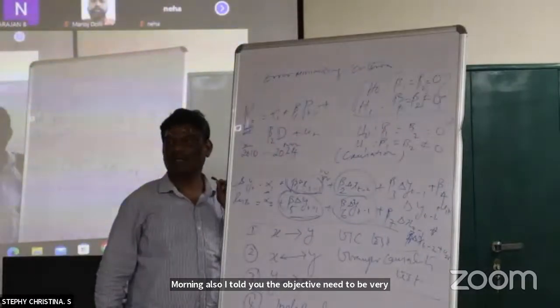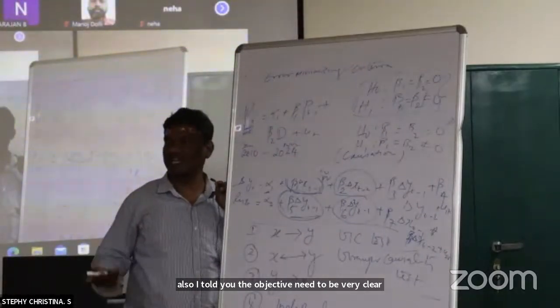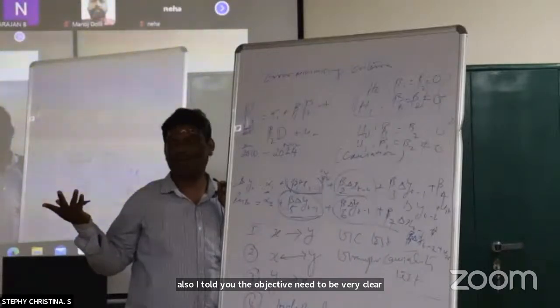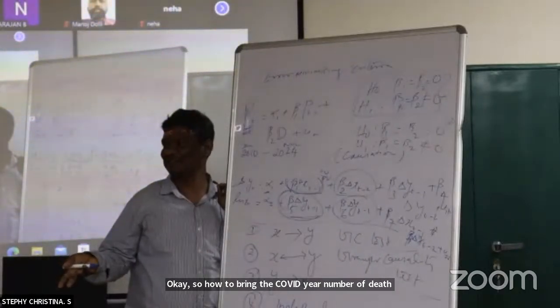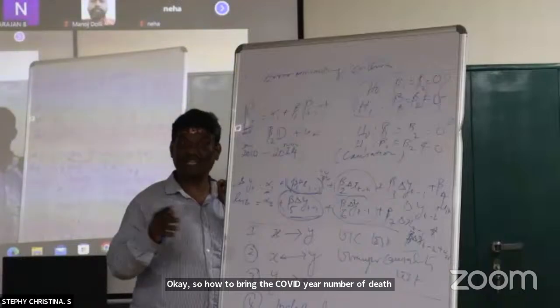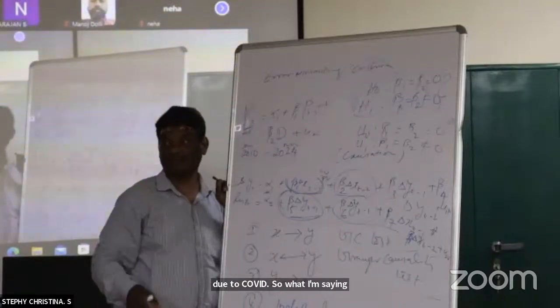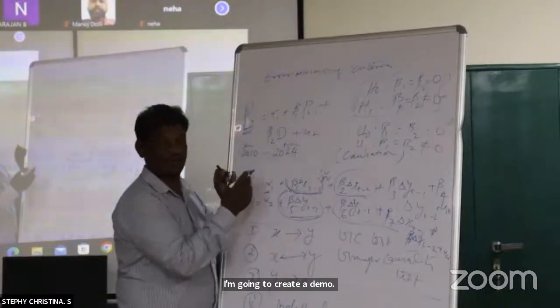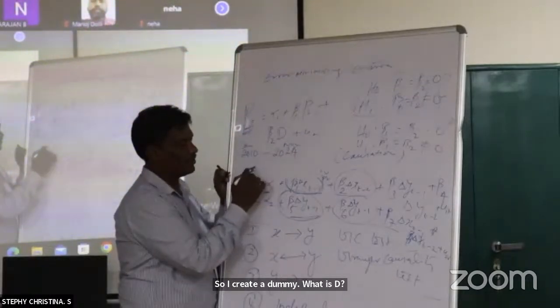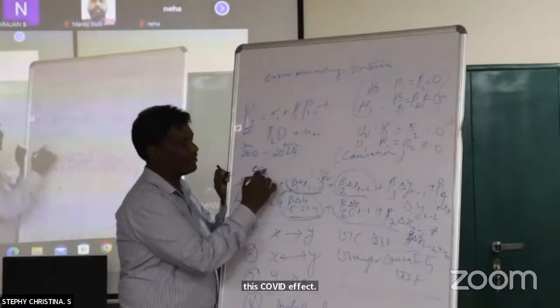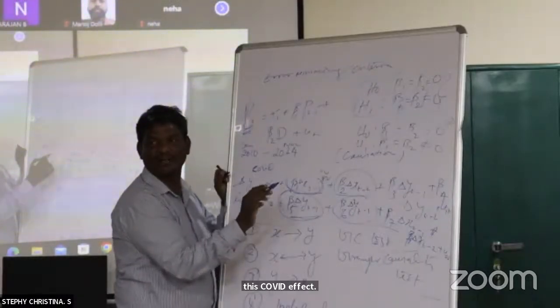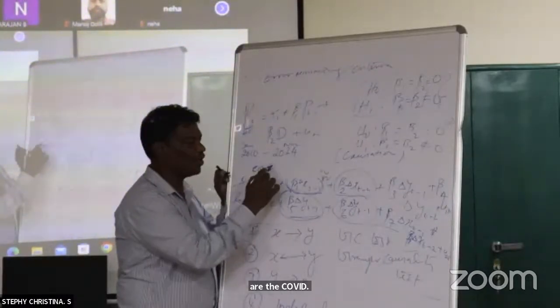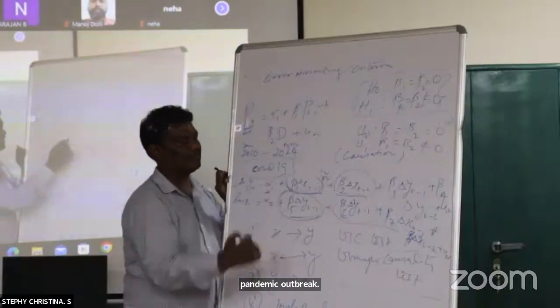So how to bring COVID here? Number of deaths? I can't bring it based on the number of deaths due to COVID. So I'm going to create a dummy D. What is D? D is the COVID effect, the COVID pandemic outbreak, the dummy related to COVID-19.